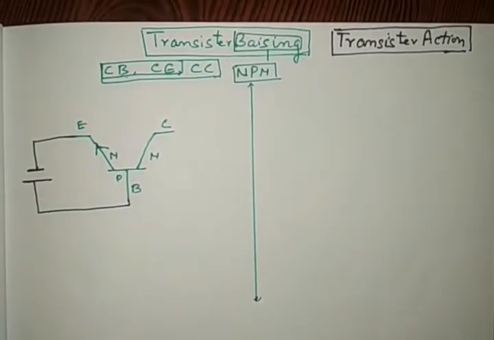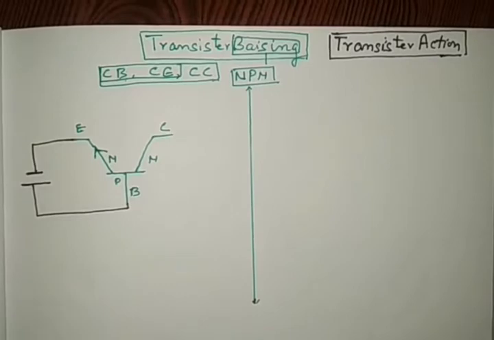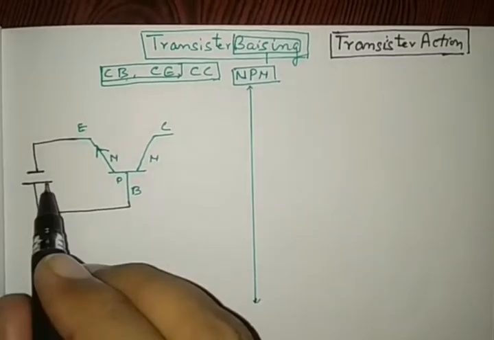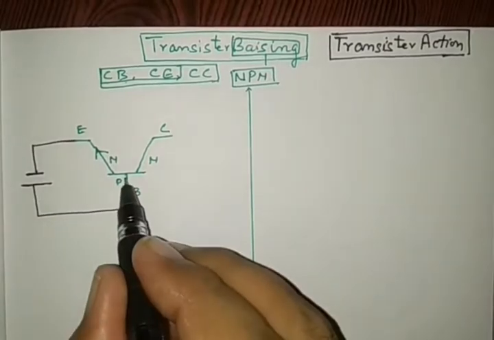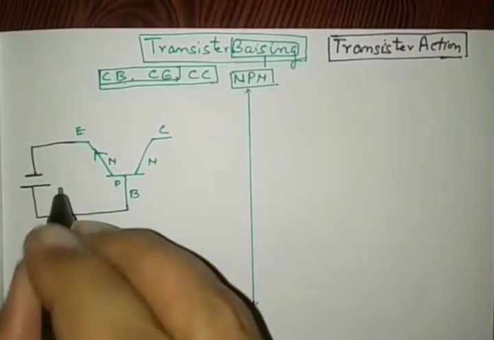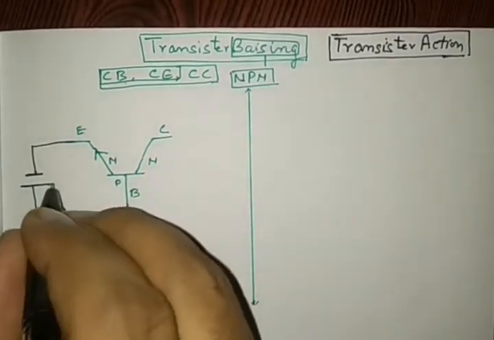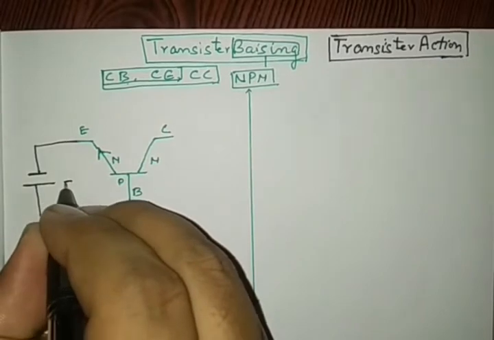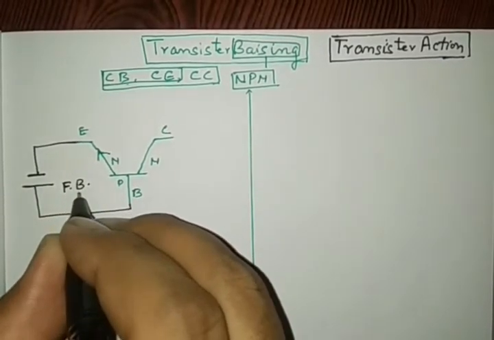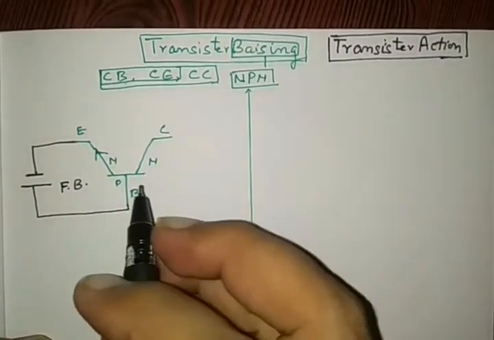This is for transistor biasing, in which I am connecting only the cell. If positive is connected with positive and negative with negative, then it is called forward biasing, right? So here it is FB, F denotes forward, B denotes biasing, right?